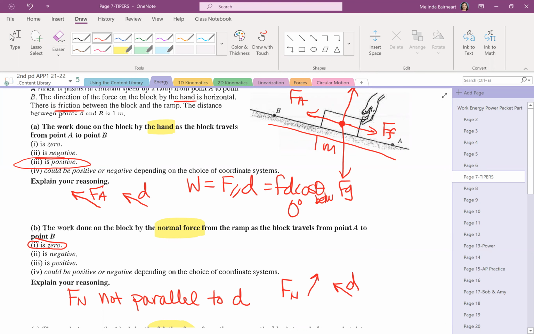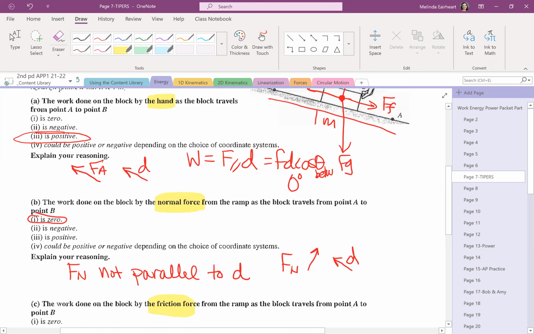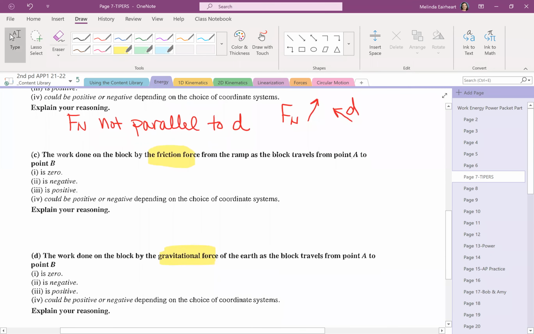Or cosine 90 should get you the mathematical answer of 0. What about the frictional force? It'll be negative. You've caught on, right? Hopefully how to figure out. I'll go on and just draw them here. Or you could cosine 180. It's going to be negative work.